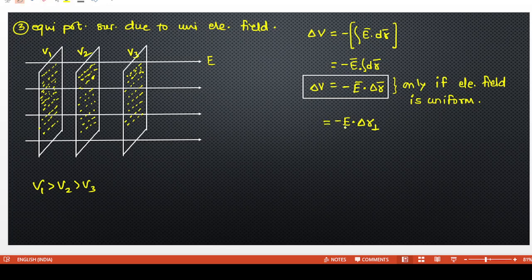Minus magnitude of electric field into the perpendicular distance between the two equipotential surfaces. So from that you can get the magnitude of electric field as minus delta V upon delta r perpendicular. Of course this is a vector relation.